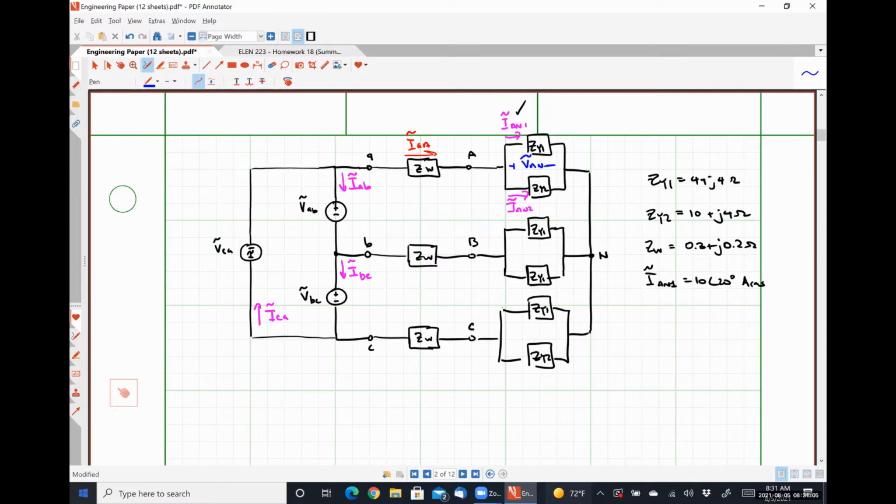So we could say VAN would be IAN1 multiplied by ZY1, which would be 10 angle 20 degrees amps RMS multiplied by 4 plus J4 ohms.